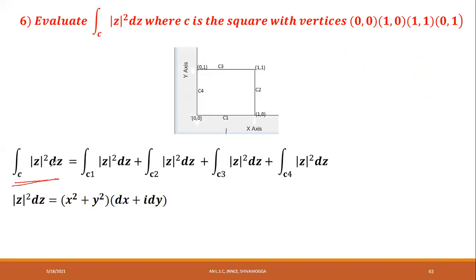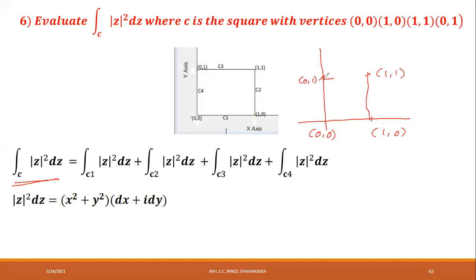How is this C defined? This is the y-axis and this is the x-axis. The point (0, 0) is the origin, (1, 0) is on the x-axis, (1, 1) is 1 unit along x and 1 along y, and (0, 1) is on the y-axis. This is the curve.